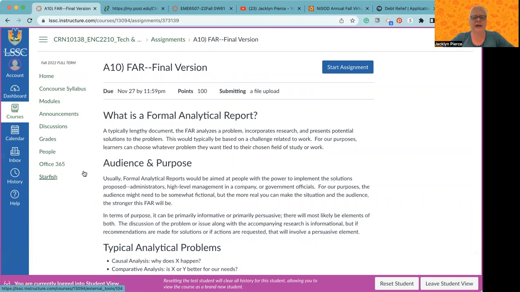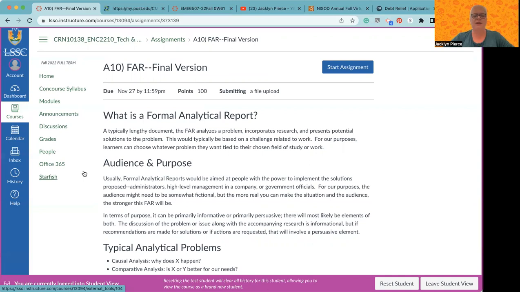What is a formal analytical report? Typically, they're pretty lengthy. They do have visuals, which of course helps with the length. And there's research involved. So you'll probably not only have visuals, but maybe some research information that is presented in table form or whatever as well, and presents potential solutions to a problem.